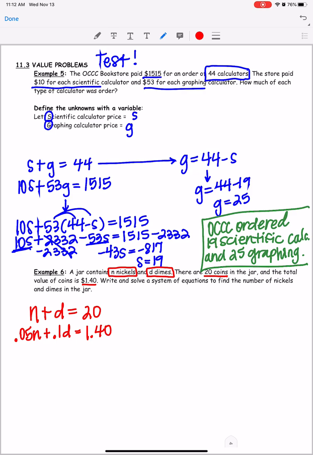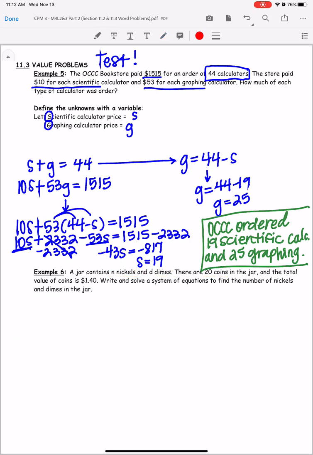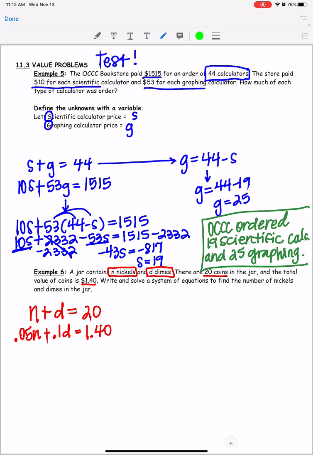So, in order to get this 0.1 to equal my D, we need to multiply that by 10. And in order to make this cancel, we need to multiply it by a negative. So I'm going to keep this top one, but now this one here, let me get out my calculator.